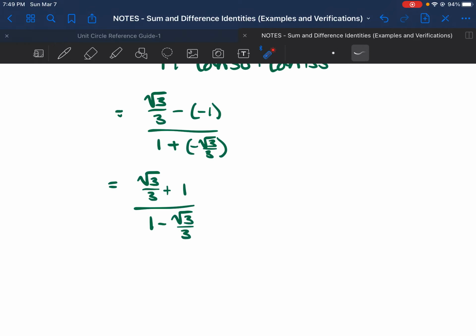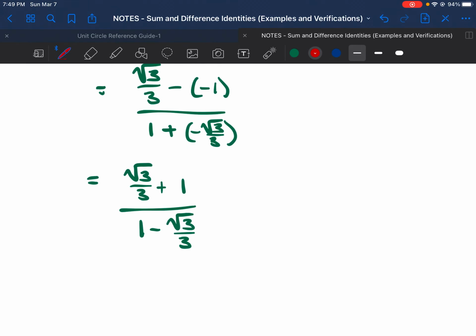All right. So working on simplifying this, we know we don't like this as a final answer for one reason. We have a square root denominator. We don't like that in math. So let's work on simplifying the numerator and denominator. I'm going to start by changing each of these 1s into just 3 over 3, rewriting 1 to have a common denominator of 3.